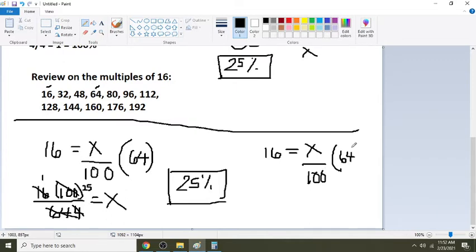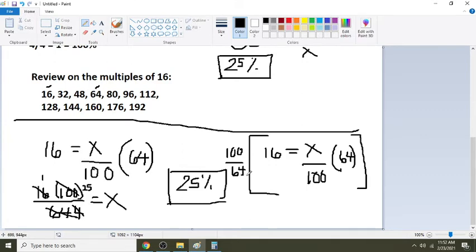You're multiplying the entire equation by the reciprocal of this figure, 64 over 100, which is 100 over 64.